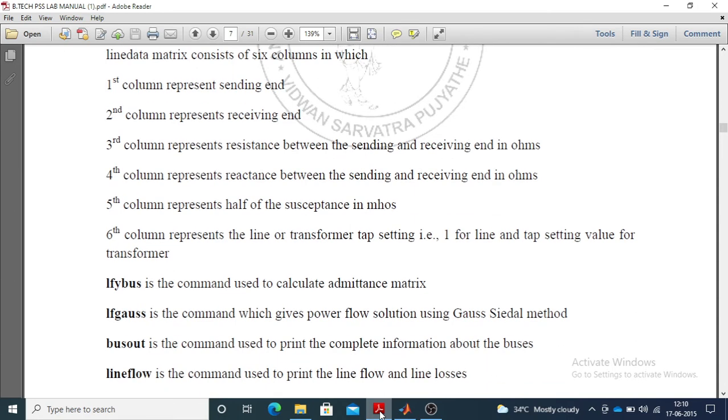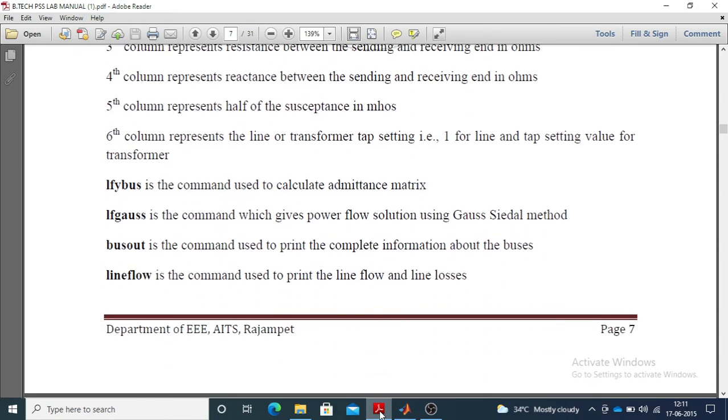Next, there are four commands in the experiment. One is lfybus, the command used to calculate the admittance matrix for the given system data. Next, lfgauss is the command which gives the power flow solution using Gauss-Seidel method. Next, busout is the command used to print the complete information about the buses, the result obtained through Gauss-Seidel method.